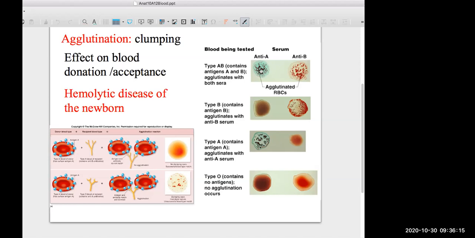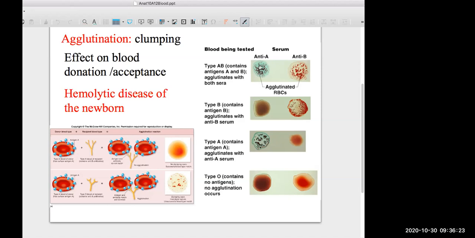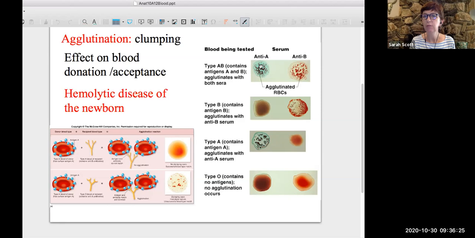Antibody A reacts to antigen A. A, right, antigen A. So remember, it's like a lock and a key. So the antibody A is going to look around and it only reacts if it finds antigen A. If there's no antigen A, no clumping.